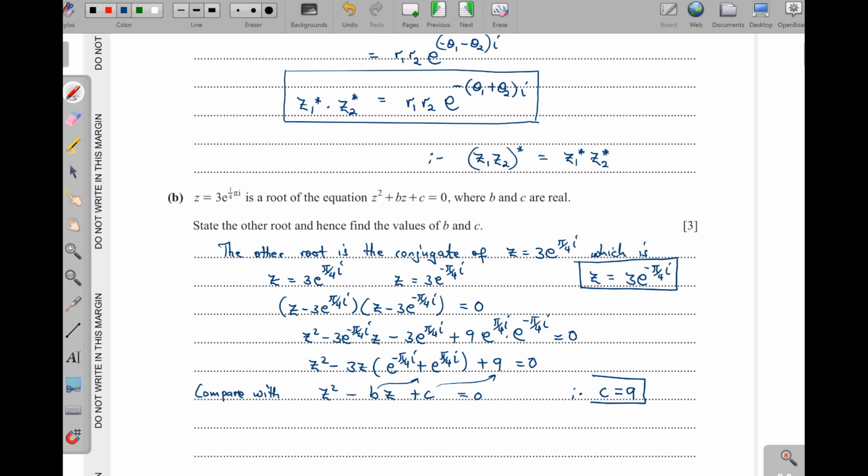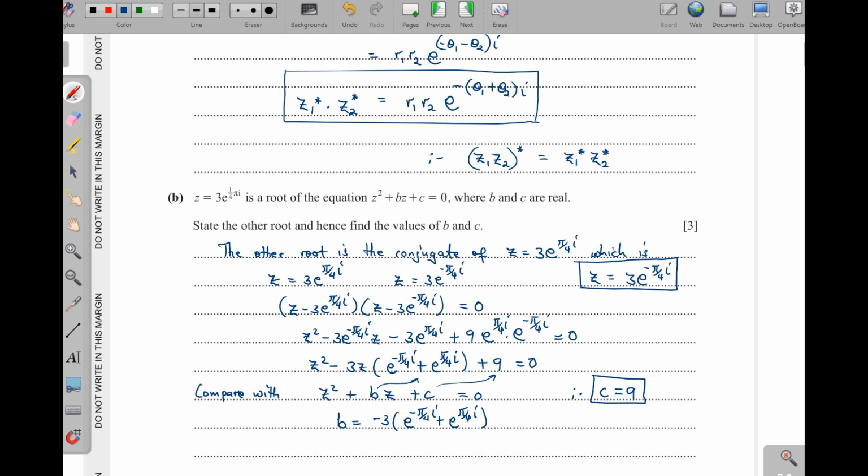Simple as that. And then minus b, I can say b is going to be equal to, and by the way, this one is a plus, this is the coefficient of z here. So we are going to have 3, which is a minus, then e to the power of negative pi over 4i, and then plus e to the power of pi over 4i.